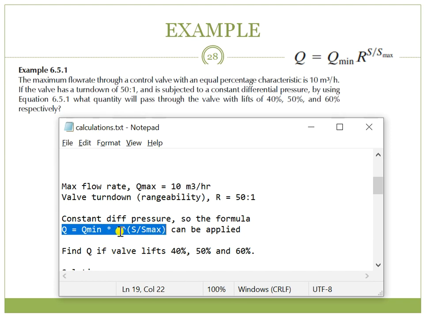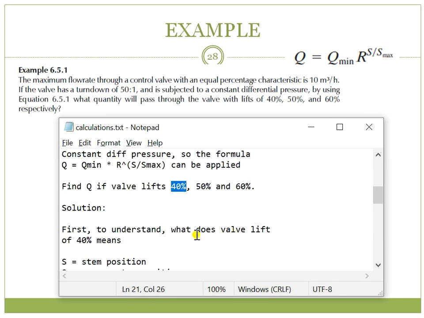So R, by using hat symbol, R to the power of S over S max, similar to this equation. Okay, so by using this equation, we are going to find what is the flow rate Q when the lift is 40%, 50%, and 60%. So let's look at the solution.